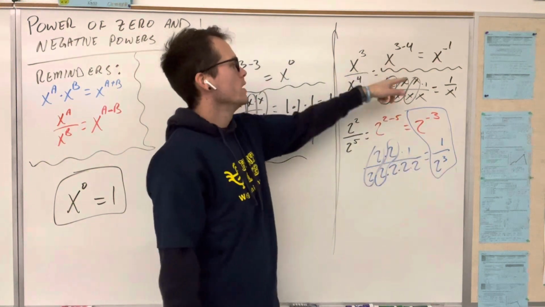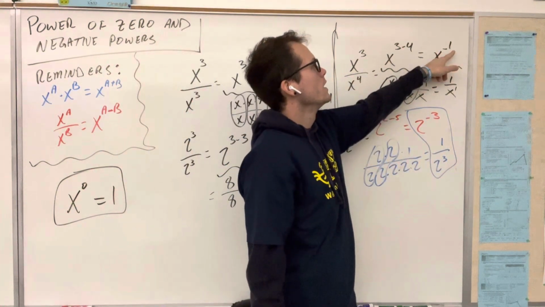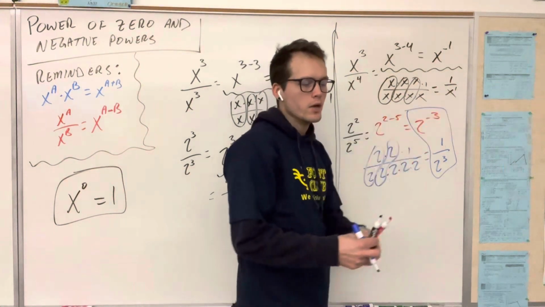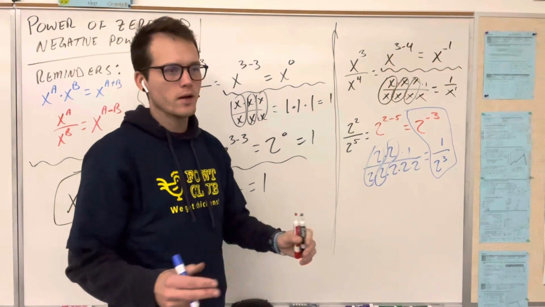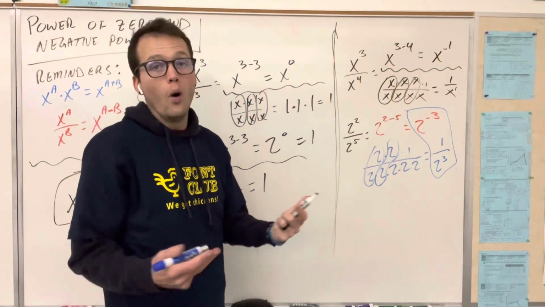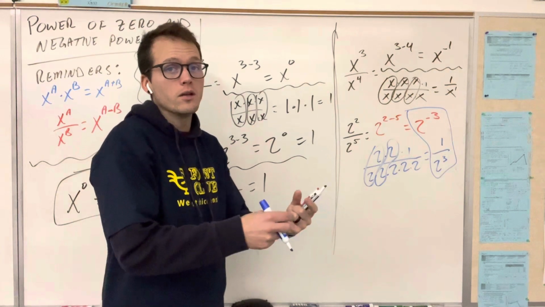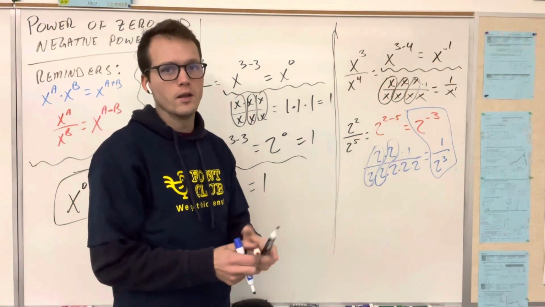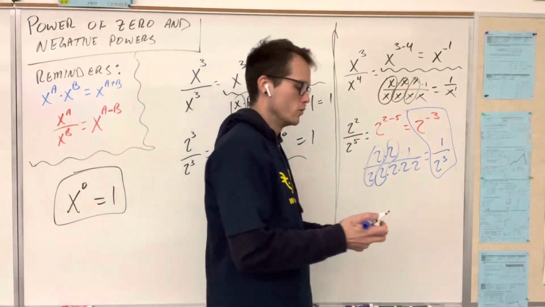In the same way, up here, x to the negative 1st power is the same thing as 1 over x to the 1st power. So if you have a negative exponent, no matter what it is, you can make it positive by just throwing it in your denominator. Or if you have a negative exponent in your denominator, you make it positive by throwing it in your numerator. So it just goes either from the bottom to the top or from the top to the bottom.